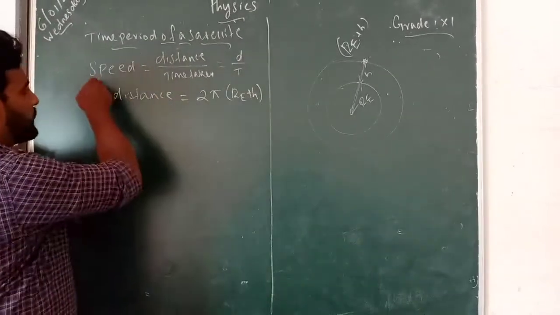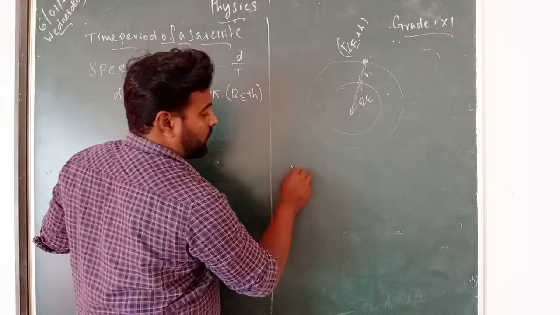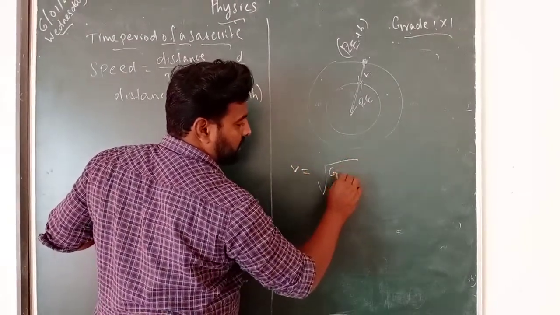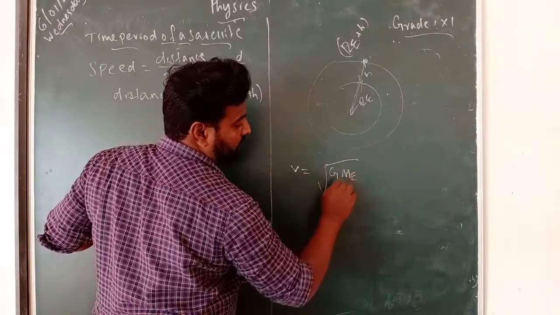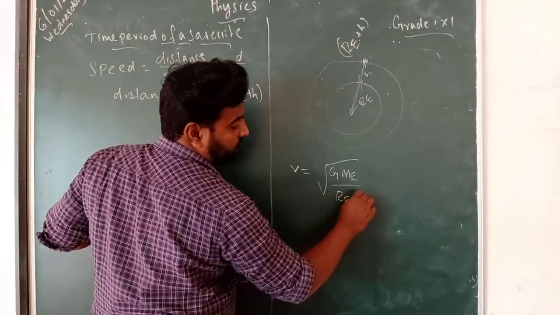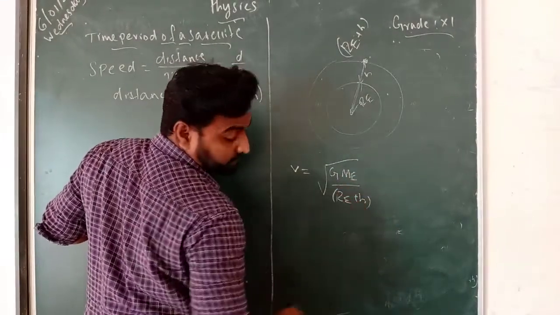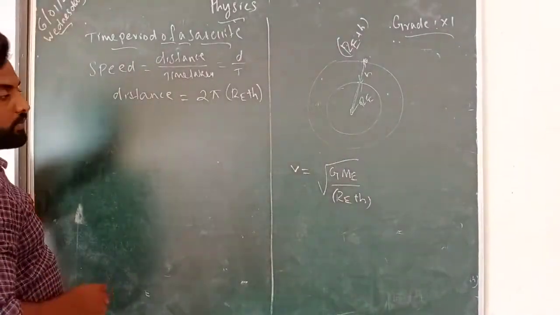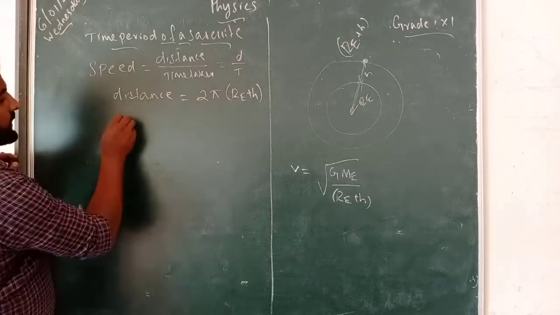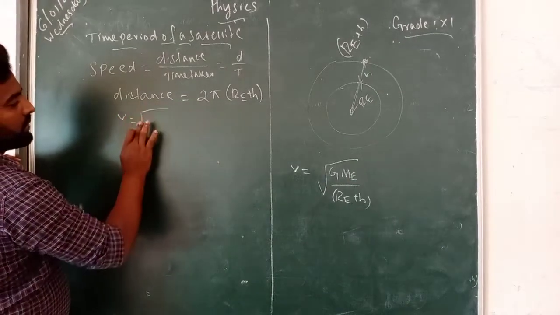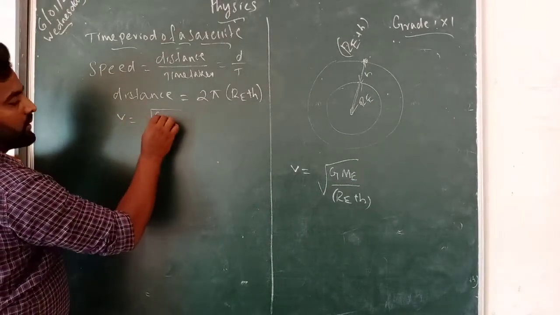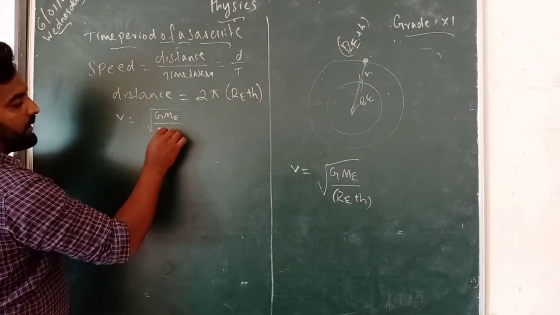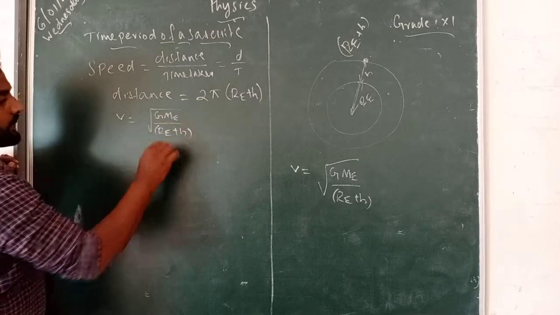Now, yesterday we found a formula for the speed, the orbital speed: v is equal to root of G M_E by (R_E plus h). This is the orbital speed formula we found yesterday.